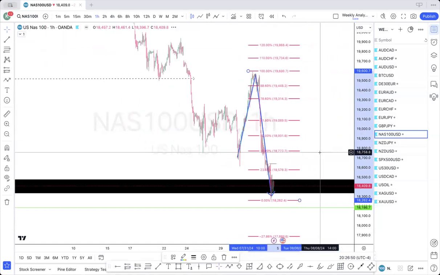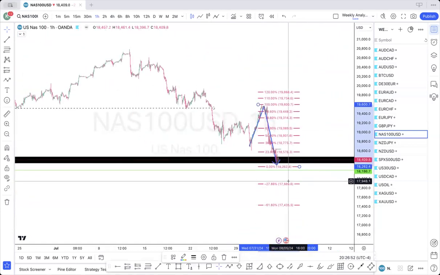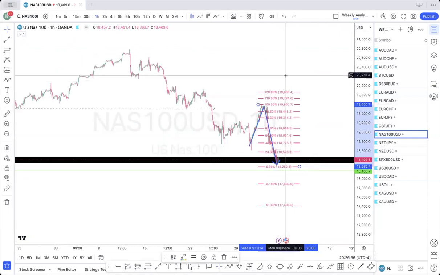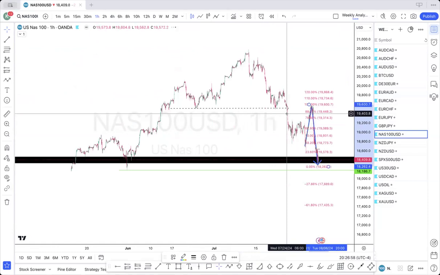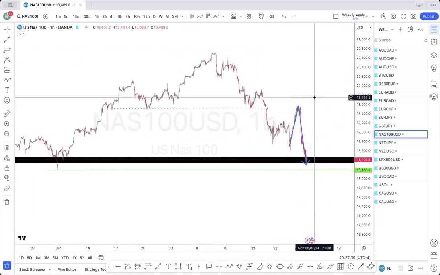And then possibly sell or continue buying to the top side. Okay.